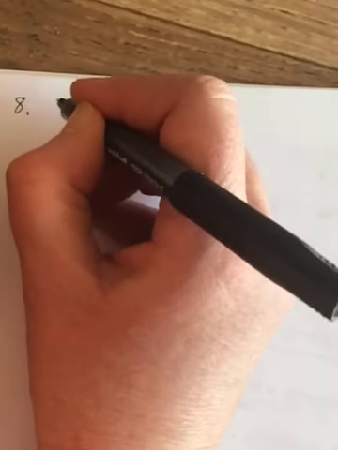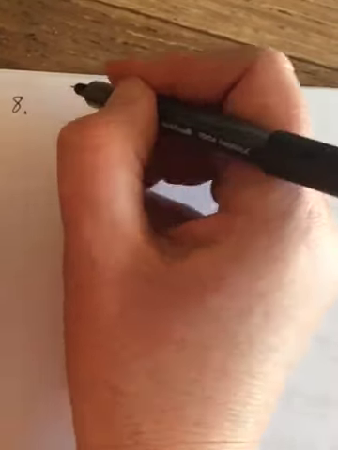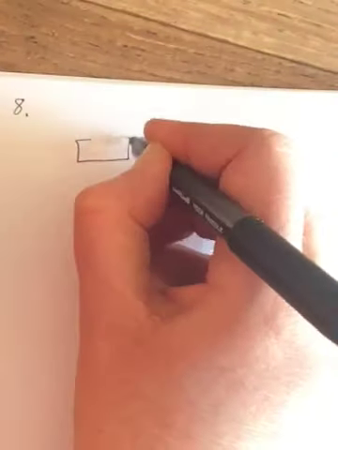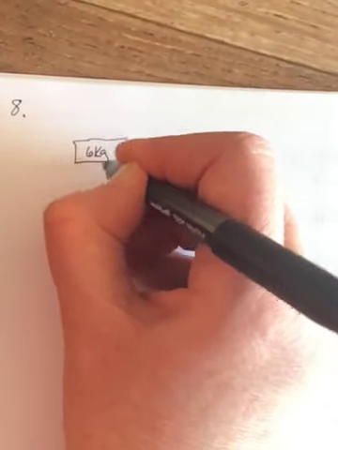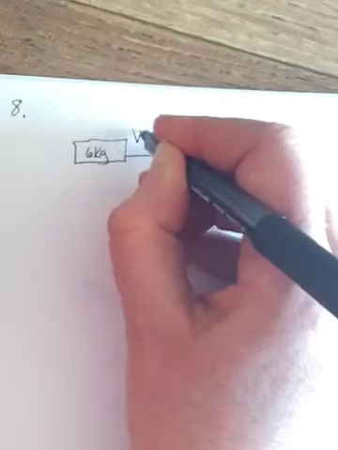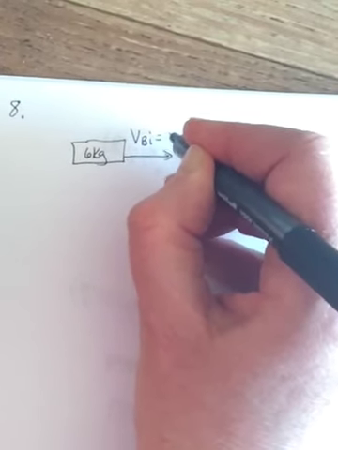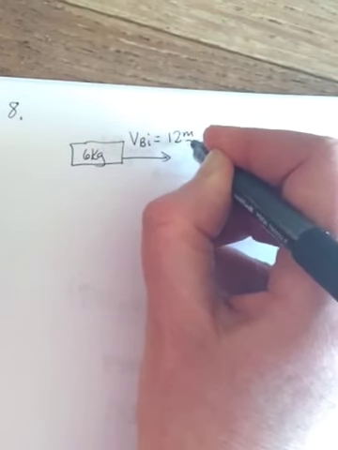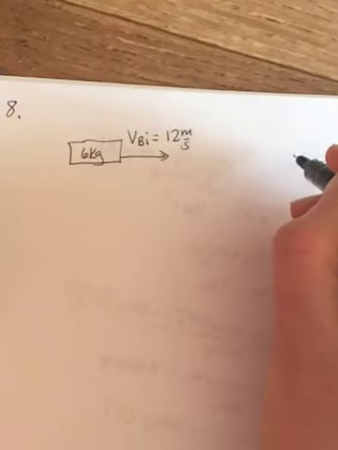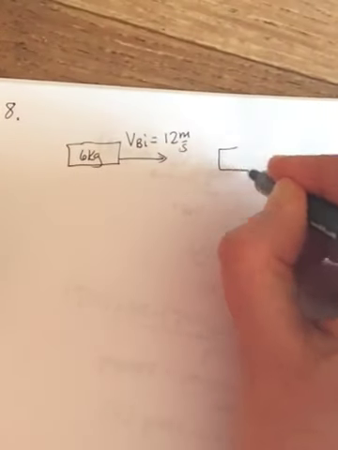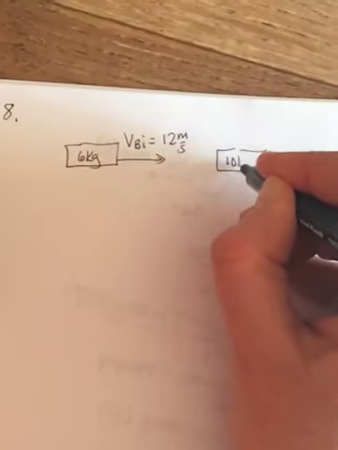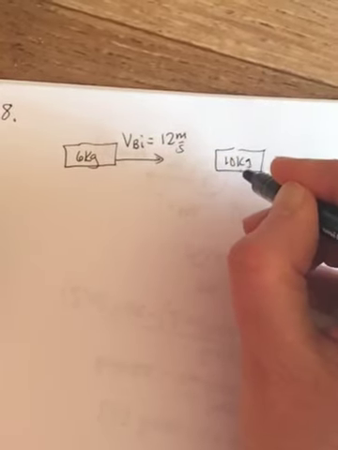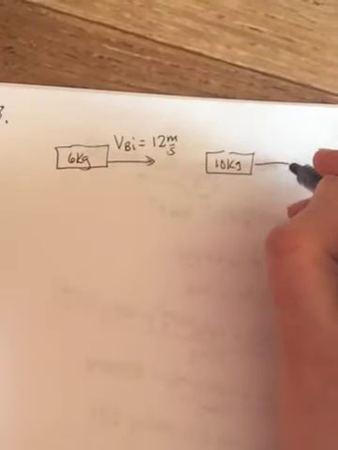Says, a blue cart of mass 6 kilograms is traveling 12 meters per second east. So 6 kgs, and V blue initial is 12 meters per second. It collides with a red cart of mass 10 kilograms, so 10 kgs, moving in the same direction.